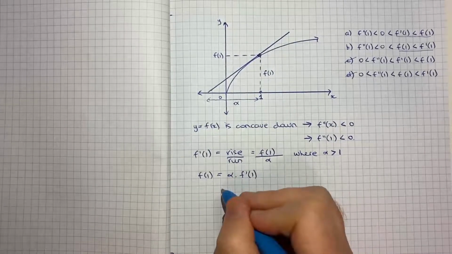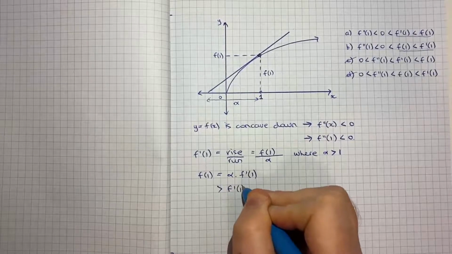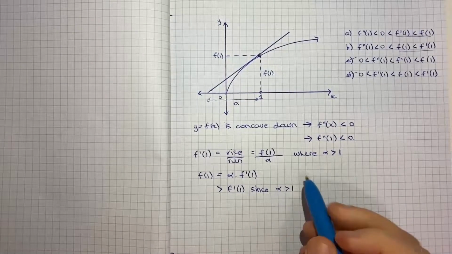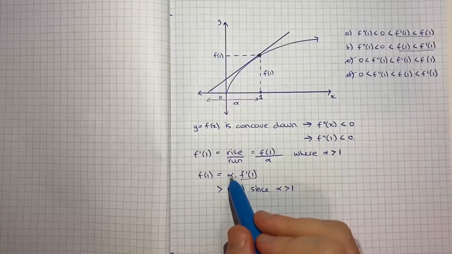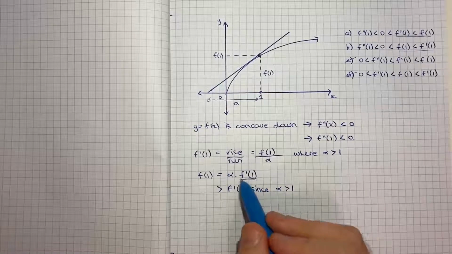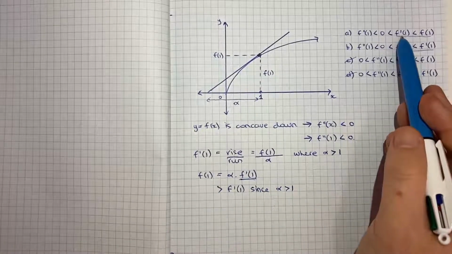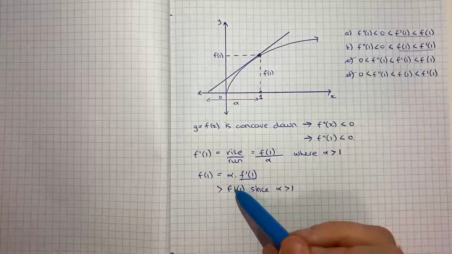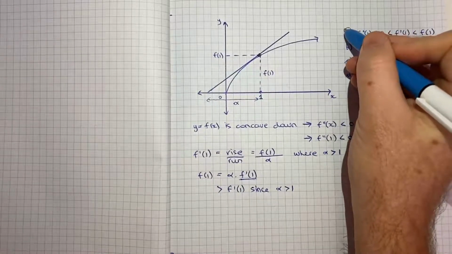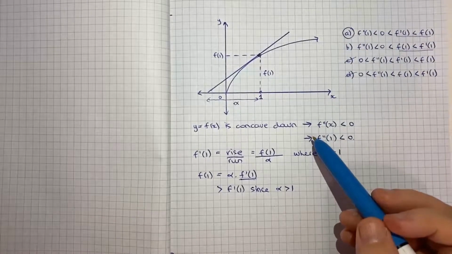And that lets me conclude that f(1) must be greater than f'(1), since alpha is greater than 1. If you take any number and multiply it by something greater than 1, your result must be bigger than your starting point. So if that's the case, we can come back up to our options and look for the one where f'(1) is less than f(1), which is this one here, A. And that's how we know that A is the correct answer.